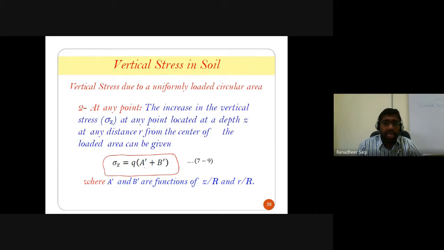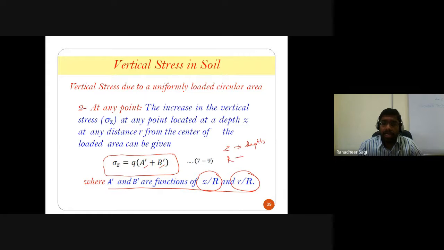What do the terms a dash and b dash mean? Here, a dash and b dash are functions of the ratios z by R and r by R. Z indicates depth.